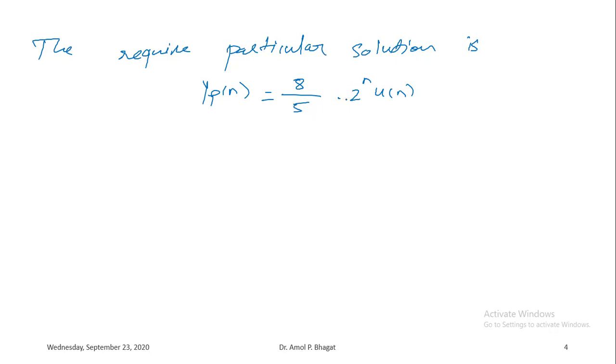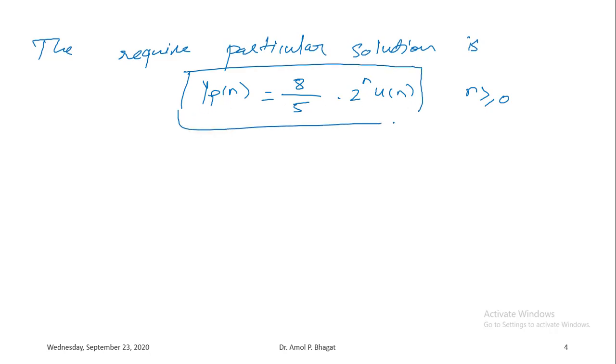This is the required particular solution, and this is assumed for n greater than or equal to 0, as this condition is provided in the example itself.